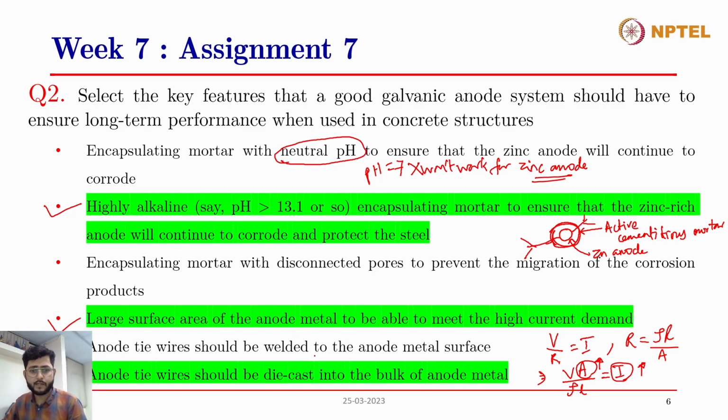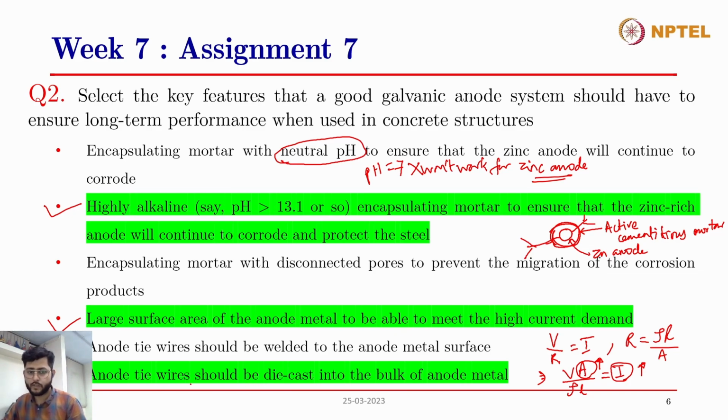Anode tie wires should be welded to the anode metal surface. This is wrong, because in order to weld the metal surface, you'll probably be using another metal, and that will change the electrochemical environment around the system, and that might affect the zinc anode getting corroded due to the welding process.